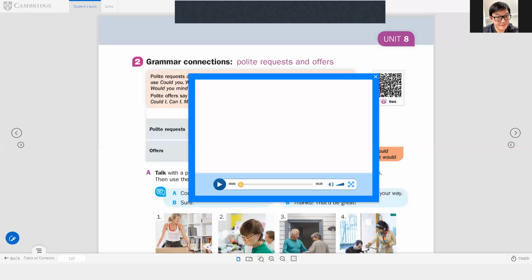Check your understanding. Look at the picture. Read the questions and the answer. Two questions are correct, and three are incorrect. Choose the two questions that are correct polite requests. Read them out loud. Listen. Will you move your chair? Sure. Would you move your chair? Sure.